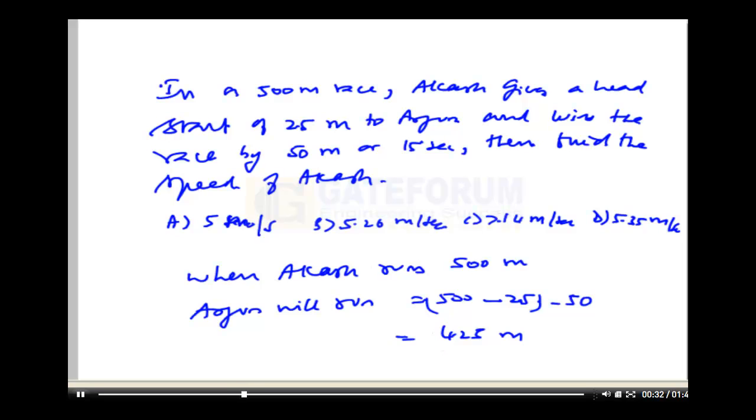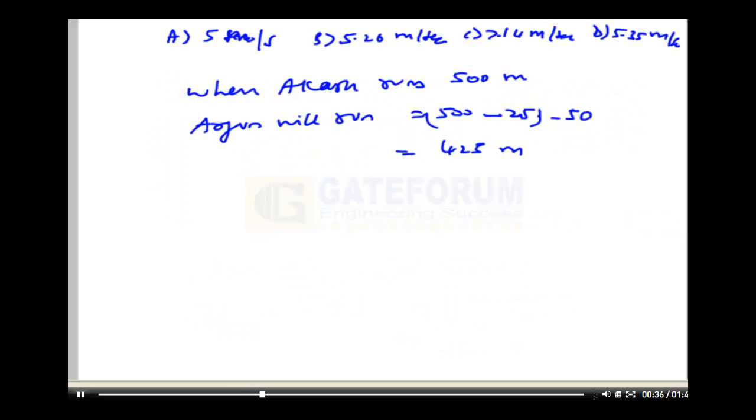So you'll cover only 425 meters. Which means Arjun takes 15 seconds to cover 75 meters.